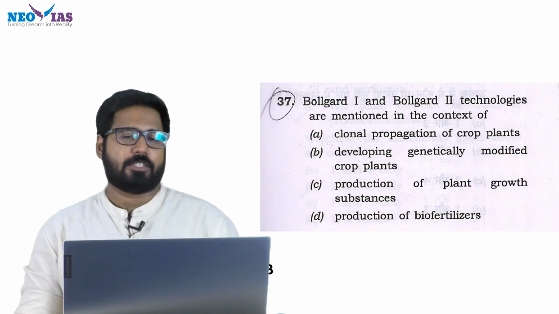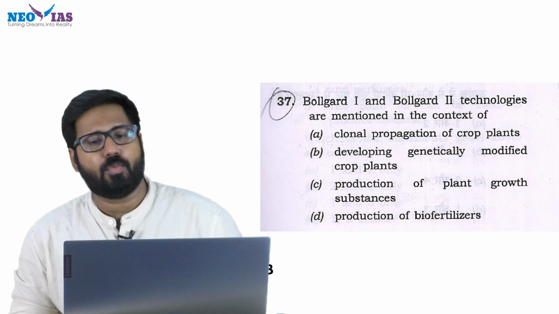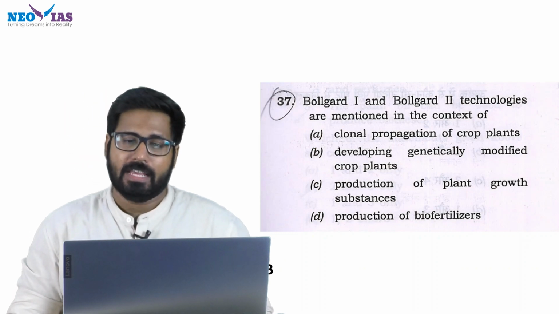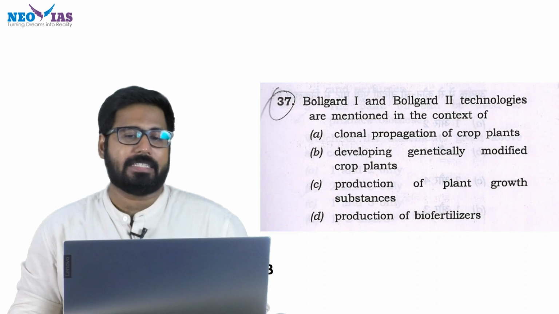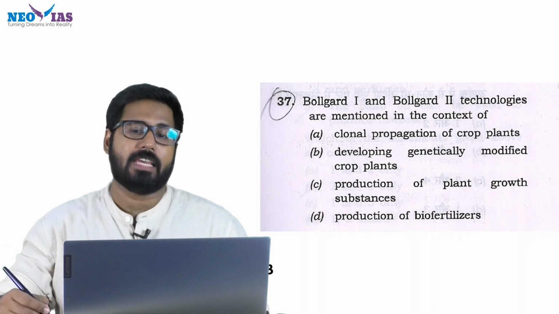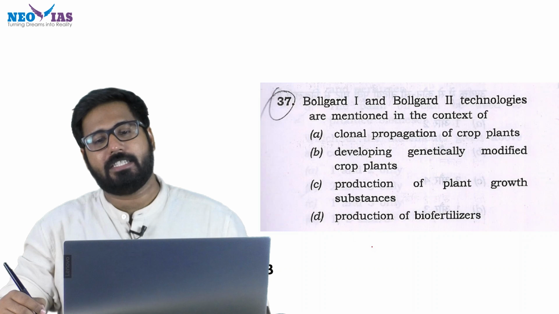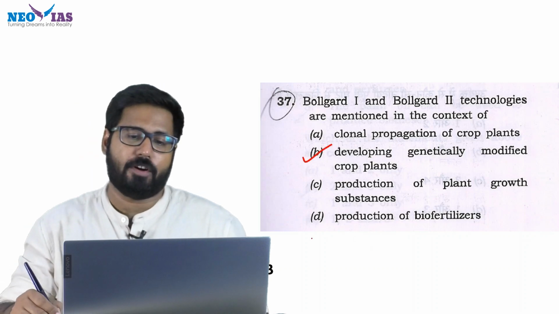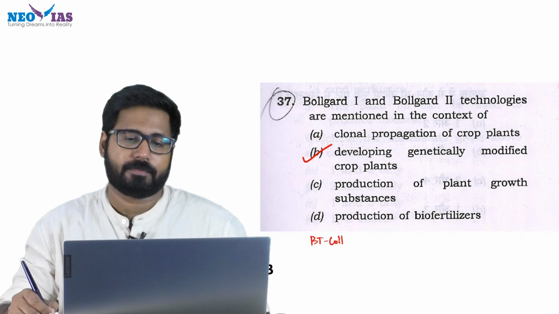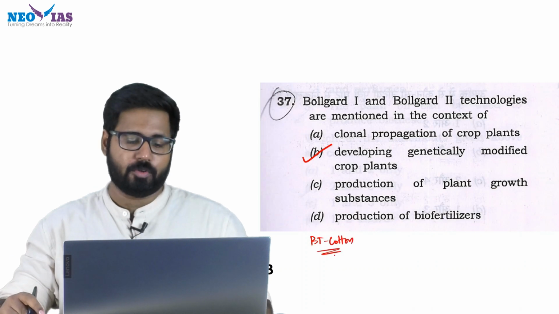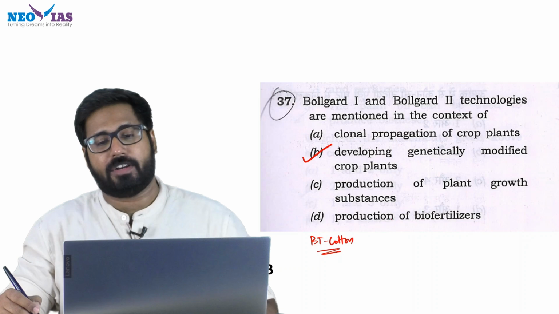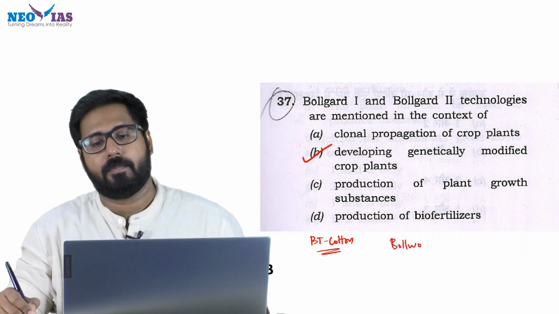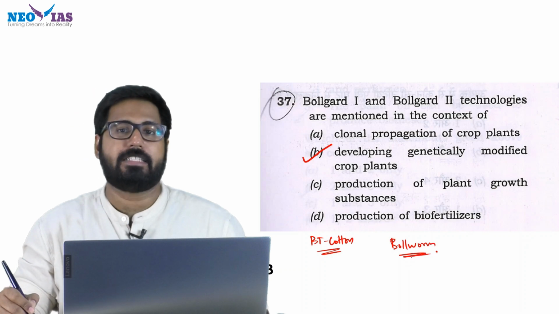With that, we'll come to the next question, which is: Ball-Guard 1 and Ball-Guard 2 technologies are mentioned in the context of. See, if you've been following the news, it is basically a technology to develop genetically modified crop plants, basically for BT cotton. One of the major issues as far as cotton is concerned is the bollworm.